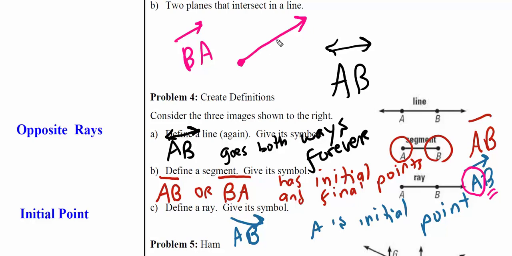That would be looking like this. So please note that ray AB is not the same as ray BA. It actually matters. Okay? And so the first letter shows us that that's the initial point, and the last letter shows us which way the arrow is going forever.